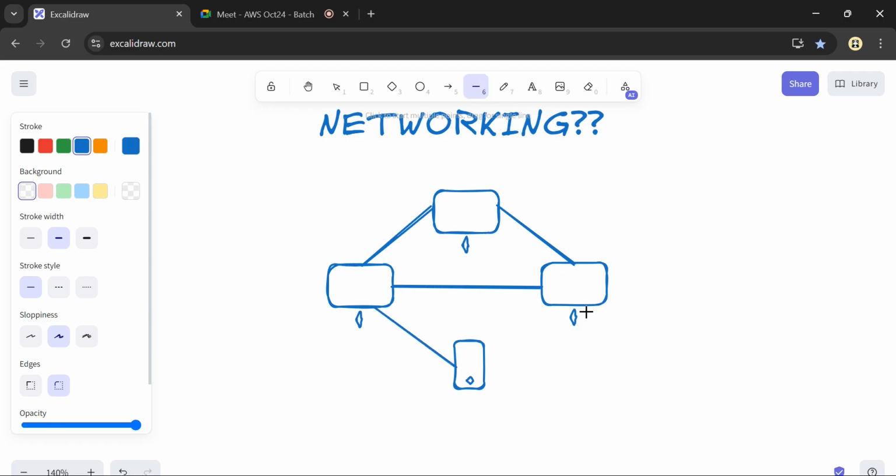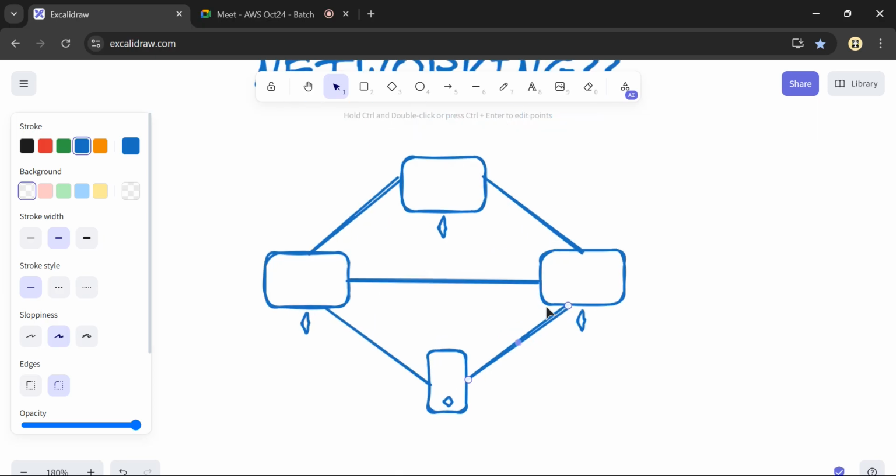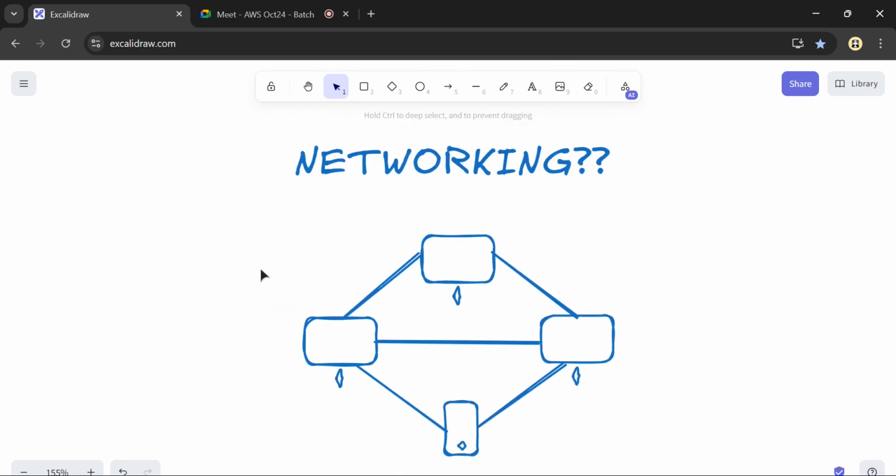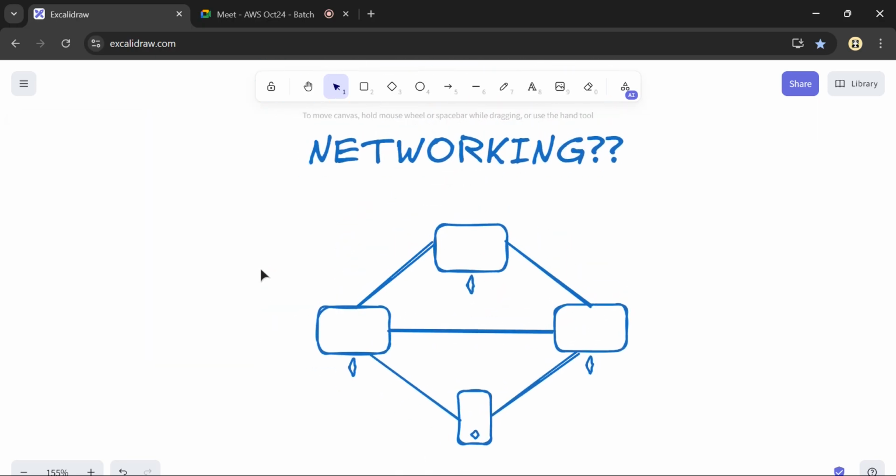So let's say if I'm able to send a message from my mobile to my laptop, then that means they have been networked, right? Somewhere it has been connected to each other. Maybe in a local network or maybe in a public network, but somewhere we are connected. So that is the reason I'm able to send a message to my laptop.